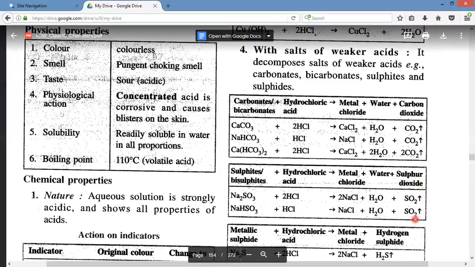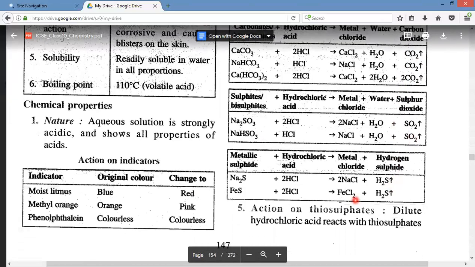Always remember, students, sulfur dioxide gives the same test as carbon dioxide: it also turns lime water milky. But the difference is that it turns potassium dichromate paper green. This test is not given by carbon dioxide. That is the differentiating test between sulfur dioxide and carbon dioxide.